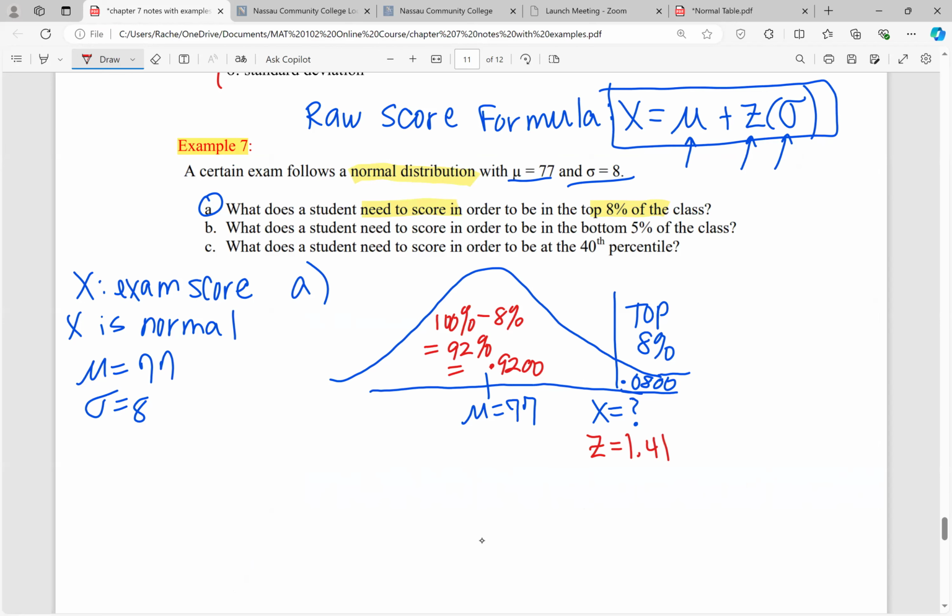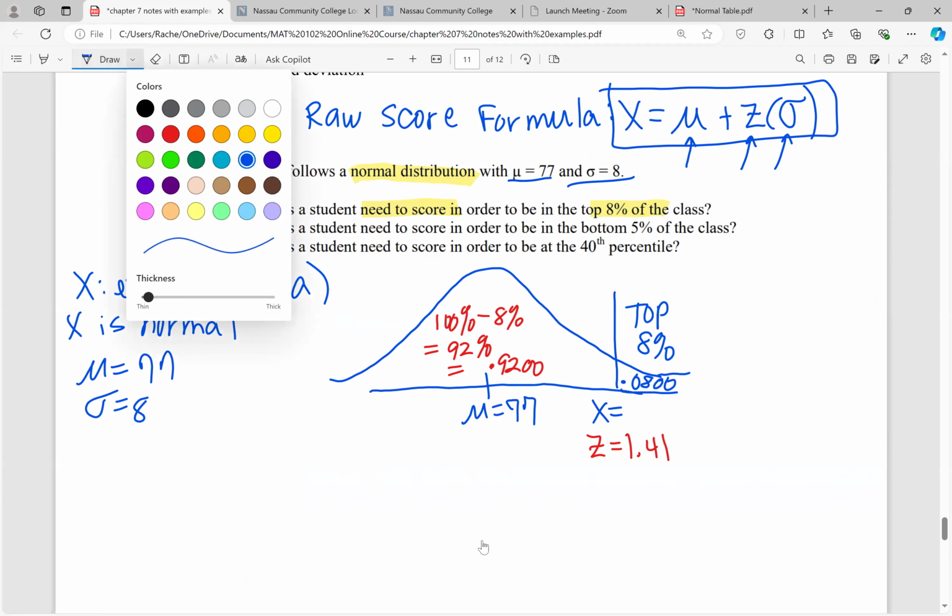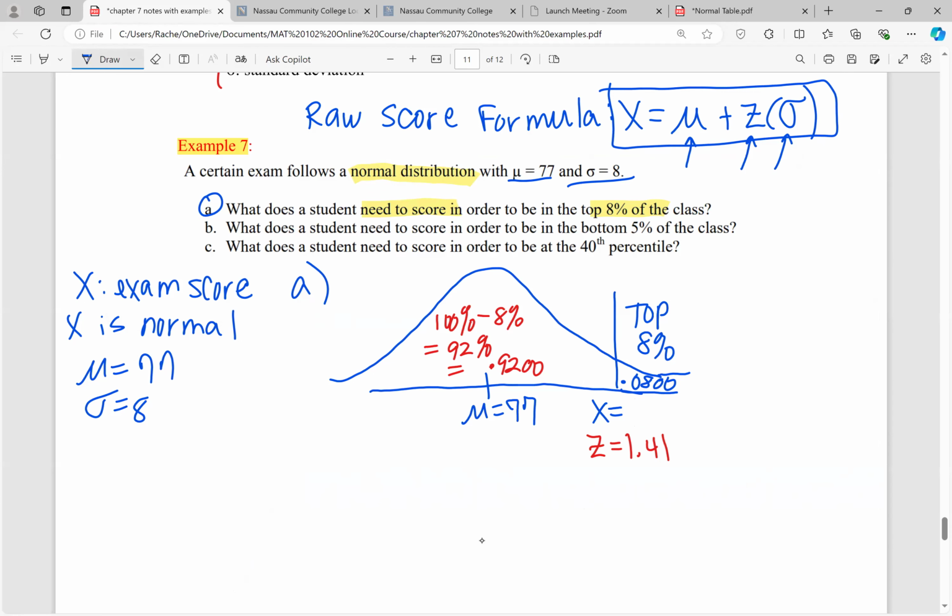Now I could plug into my raw score formula, right? My raw score formula, X, is equal to mu plus Z times sigma. And mu is 77. Plus now I know my z-score, which is 1.41. And I can multiply that by sigma, which is 8. So 77 plus 1.41 times 8.